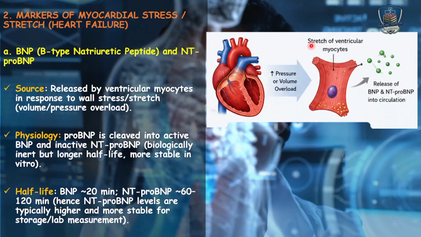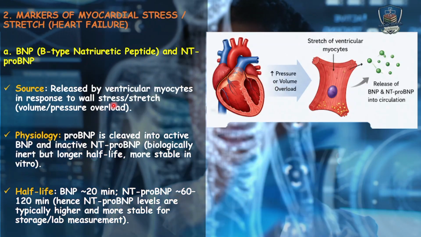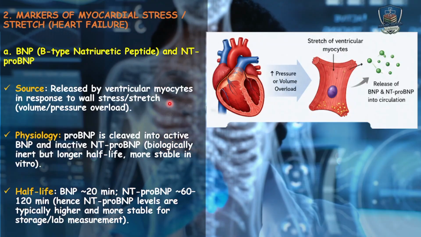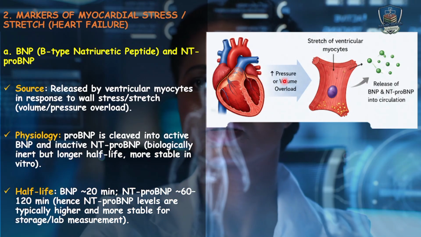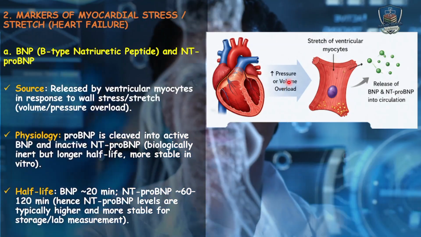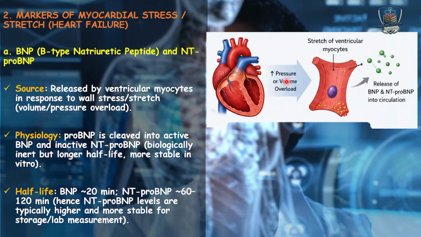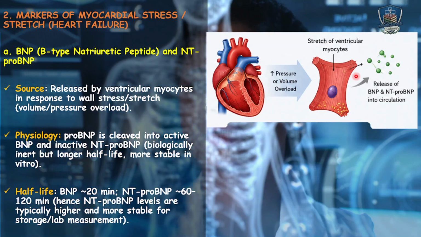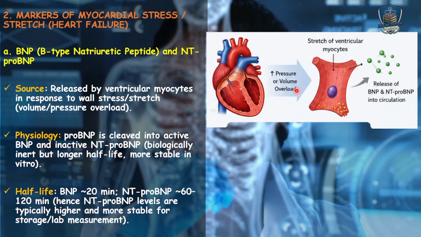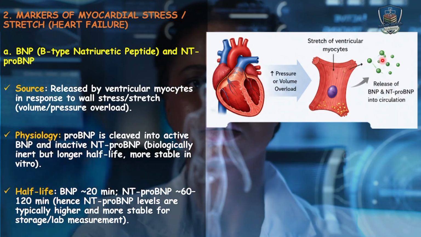In heart failure, one thing you have to remember, as I told you when we looked at hypertension, is that other factors that impact hypertension include the preload. When there's an increase in the preload, the ventricle will stretch beyond limit, and these markers will be released in response to the overstretch.